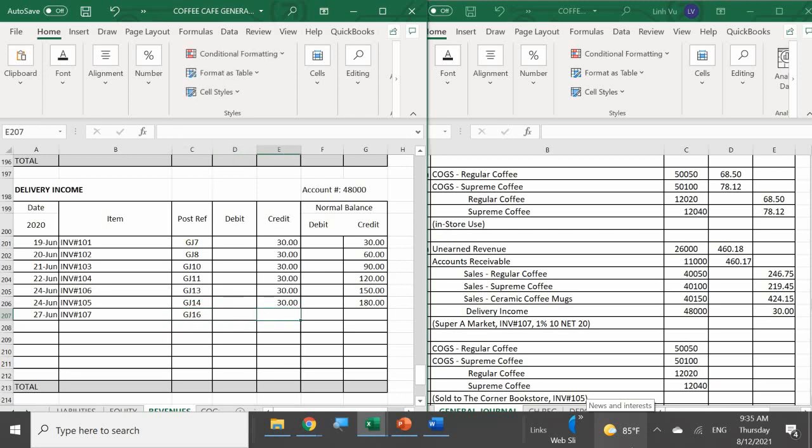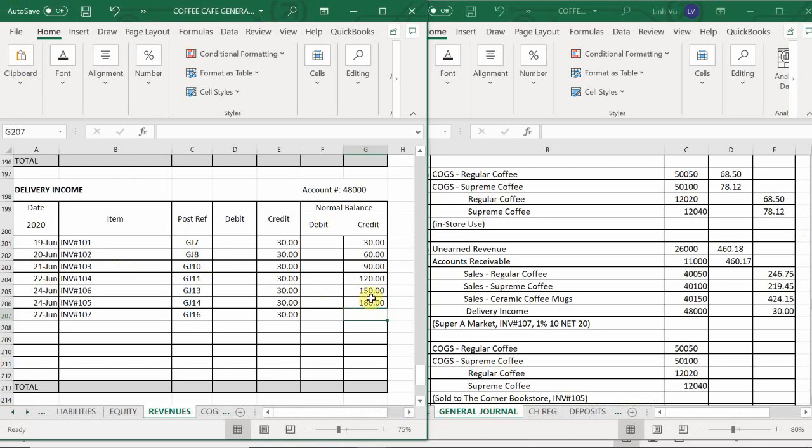General Journal 16. Our credit amount is $30. And that brings our total to $210. Good.